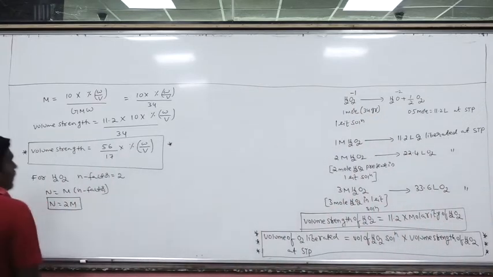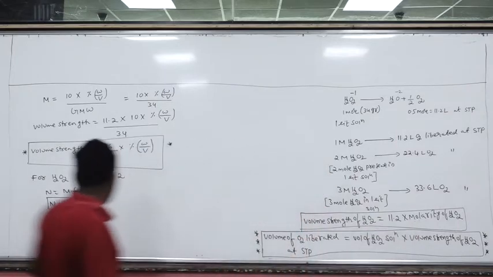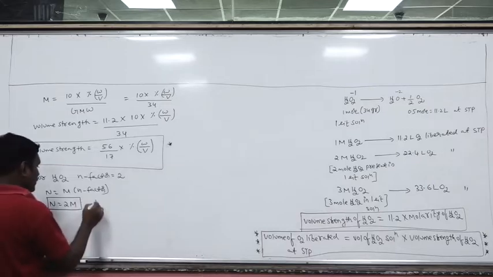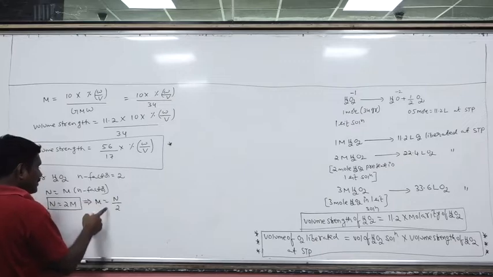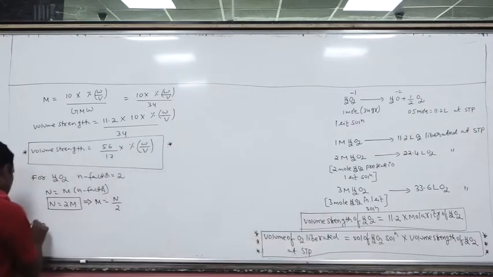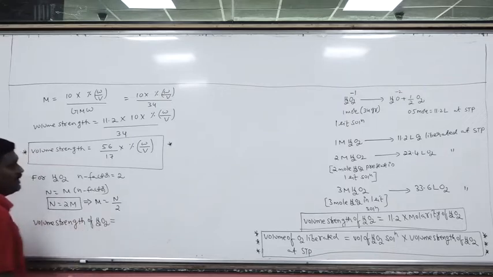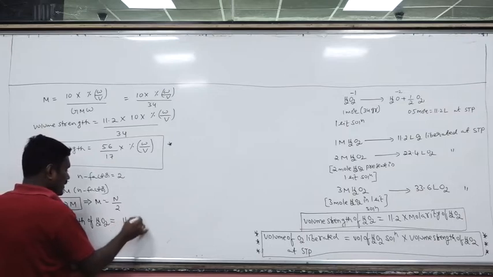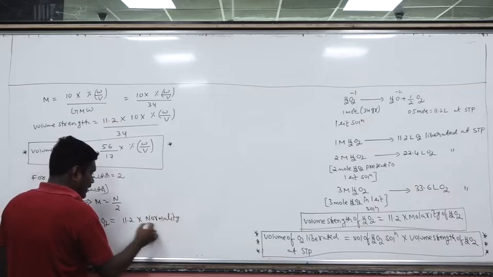Now come to this formula in terms of molarity. If I want to convert the molarity into normality, what is the molarity? Half of the normality. Yes or no? So by replacing this molarity term here, shall I write the volume strength of H2O2 will be equal to 11.2 into normality divided by 2.